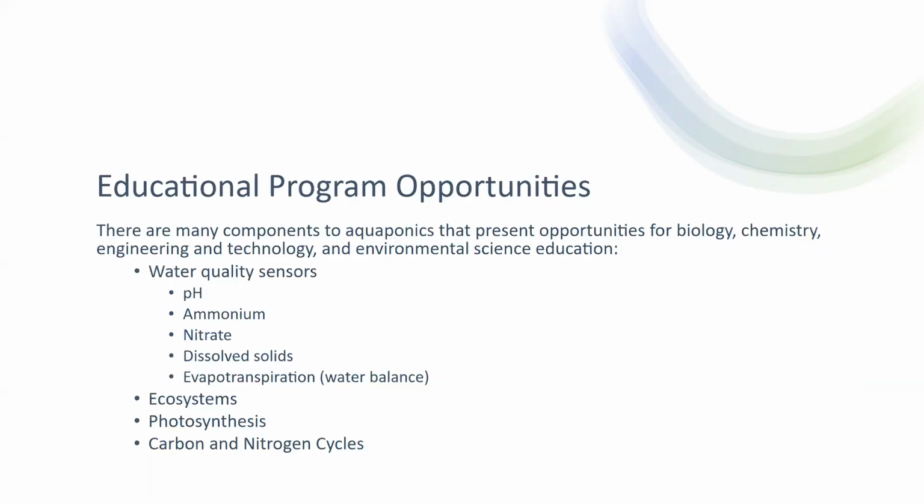Those are good lesson materials to use to educate, so you can teach kids how to read pH. And also another very fundamental core concept is photosynthesis. The plants in the system go through photosynthesis for this to work, so that is also something good to cover.